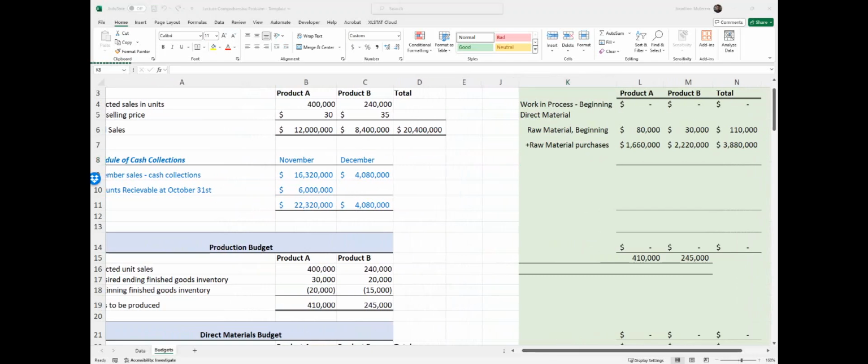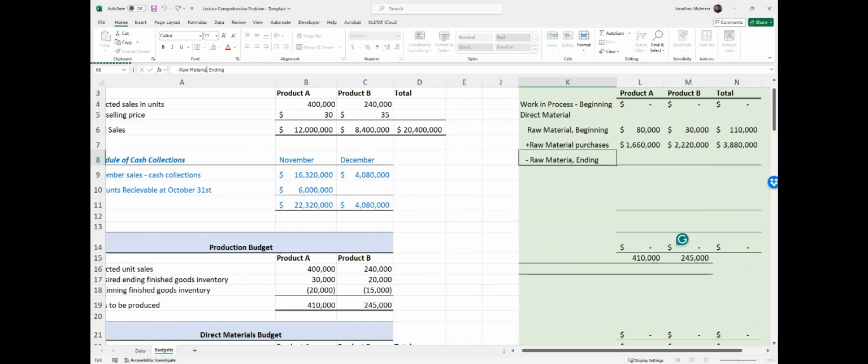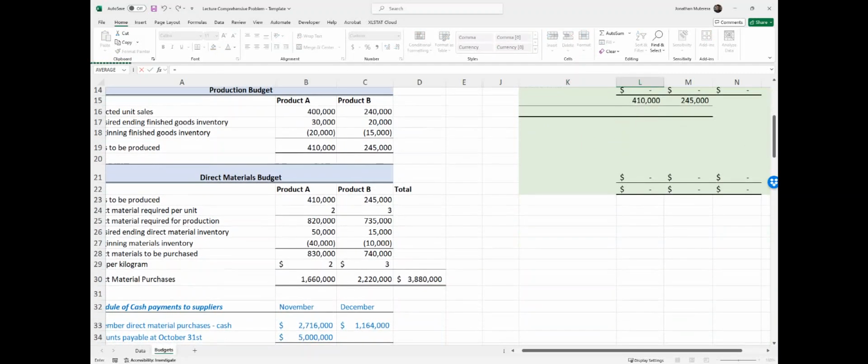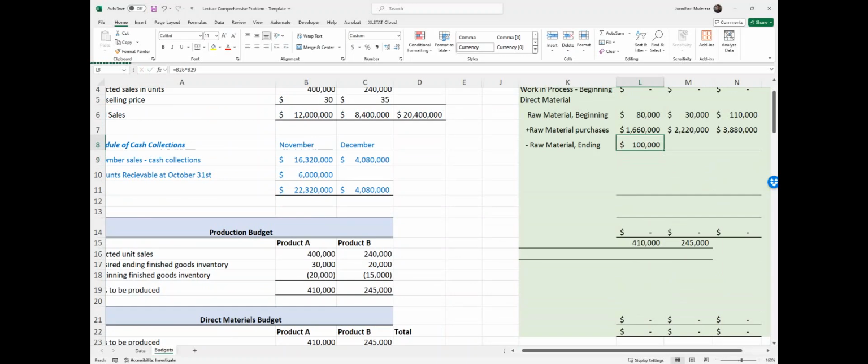Alright, moving along, we will subtract our raw materials at the end. And again, we have our raw materials at the end, 882 for A. Okay, so that's that.